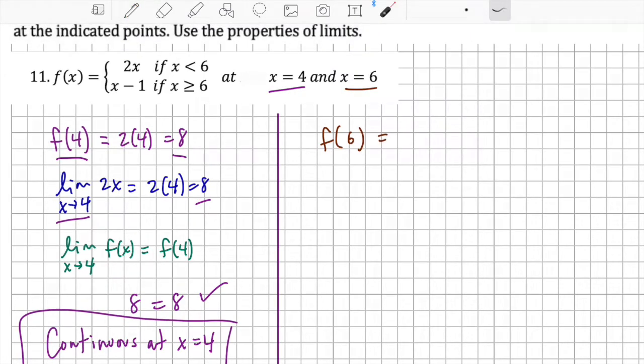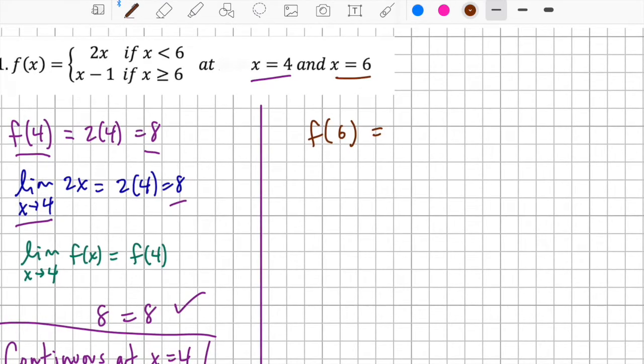If I look at the piecewise function, I'm going to use 2x if x is less than 6, but I'm going to use x minus 1 if x is greater than or equal to 6. It's equal to 6, so for f of 6 I have to use the bottom function. So I plug it in. 6 minus 1, that's going to be 5. So yes, it's defined.